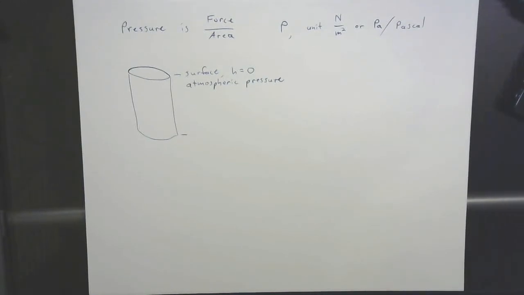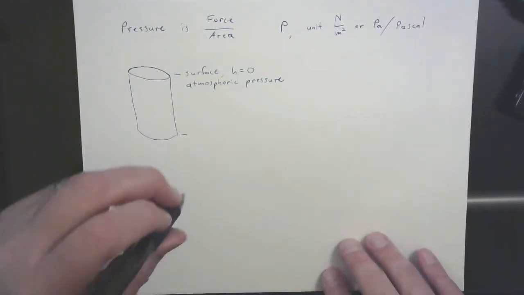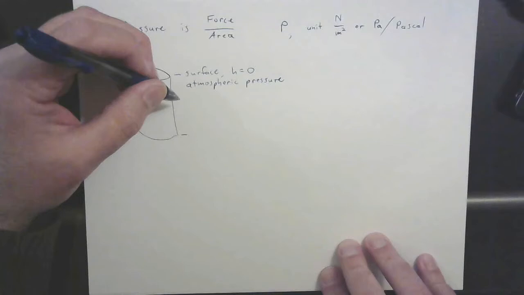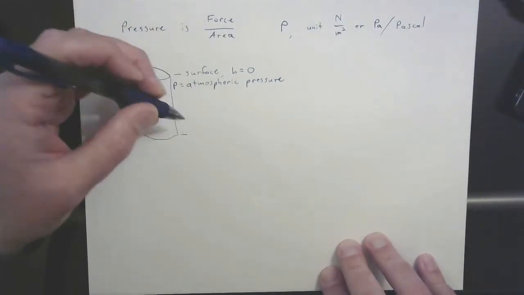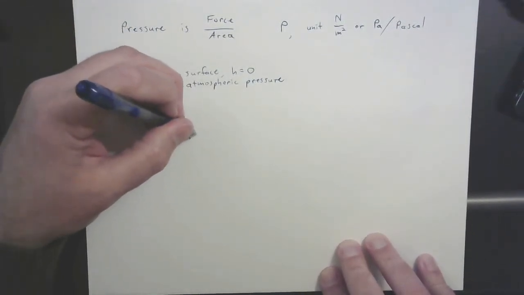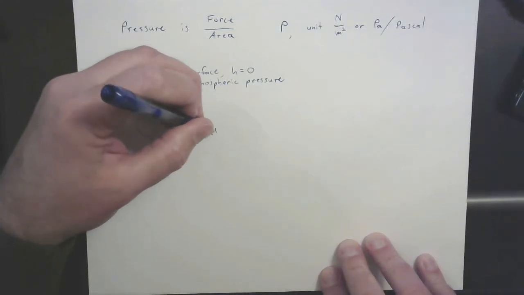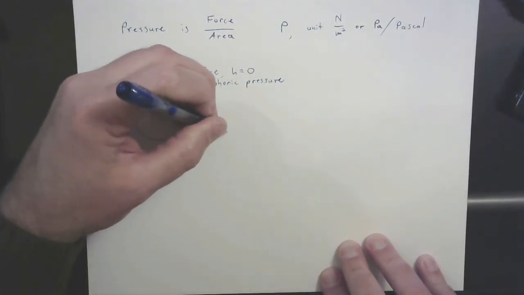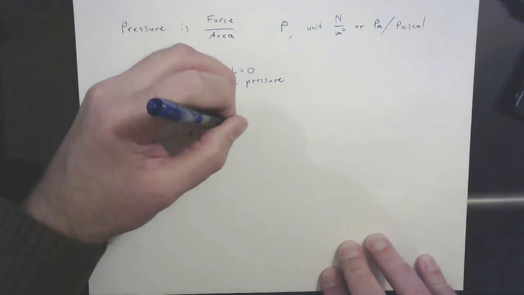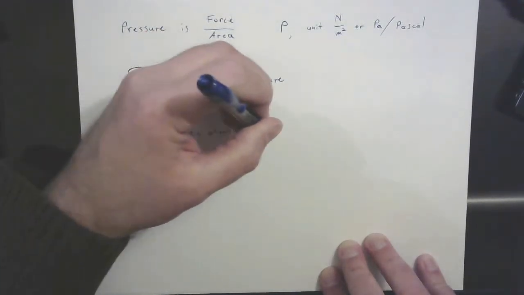So that's going to add some pressure. So up there, the pressure was atmospheric pressure. Down here, the pressure is atmospheric pressure plus something else, some more pressure.